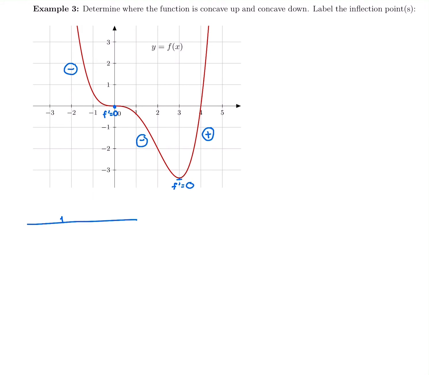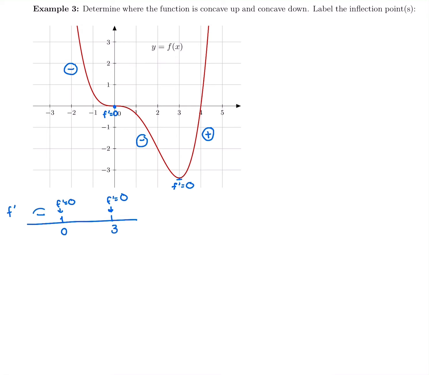My critical numbers are 0 and 3. This is my sign chart for f prime. They both have a derivative of 0 there. They're our critical numbers. This is where relative max and min could occur, and it could also be absolute max and min if we compare it to the end behavior and it's the absolute highest or lowest point.